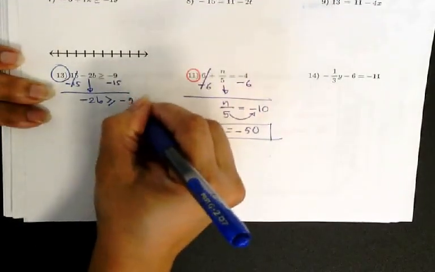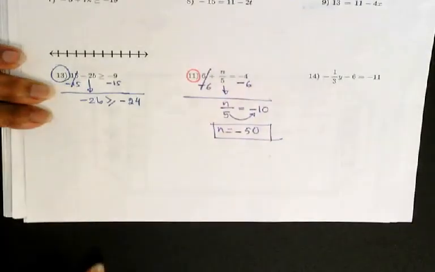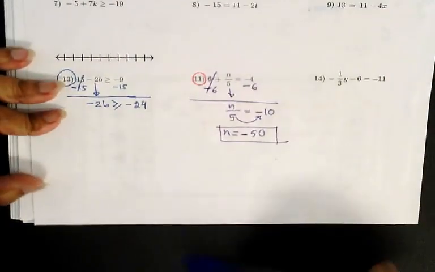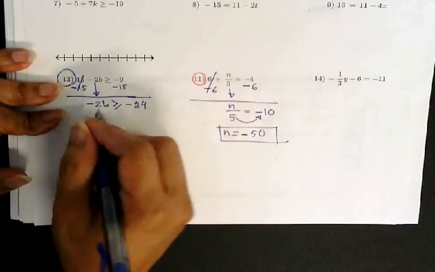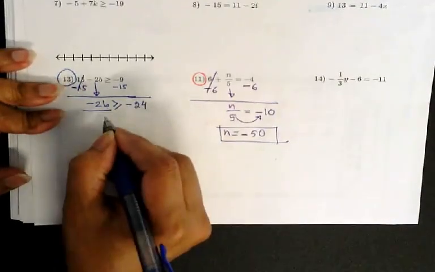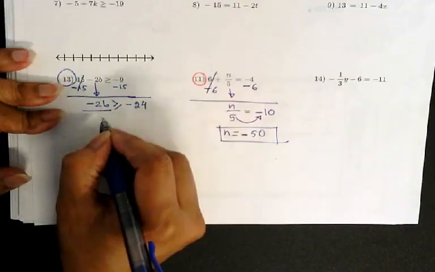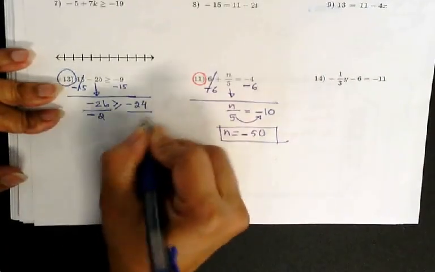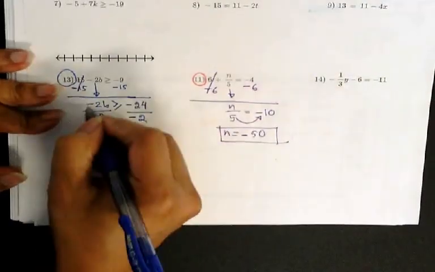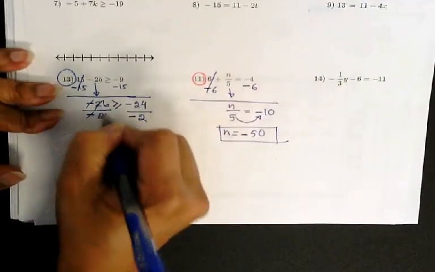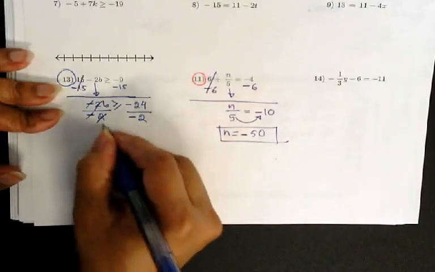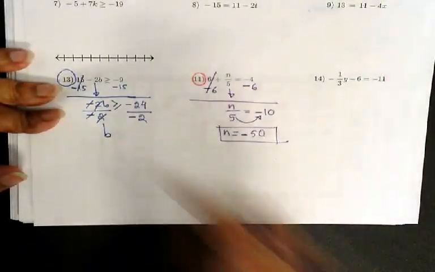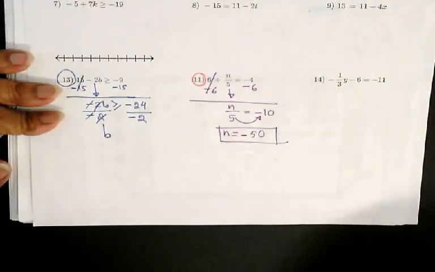Now what? Divide by negative. Okay, so this cancels. I have the b left. What do I get on the right side? What's the value? Positive 12, because minus and minus makes a positive.